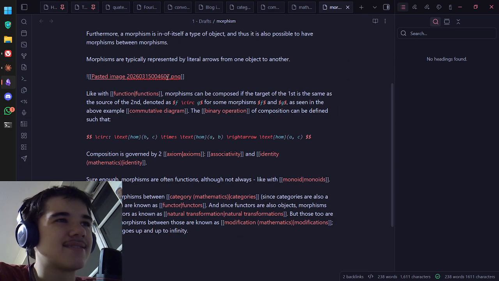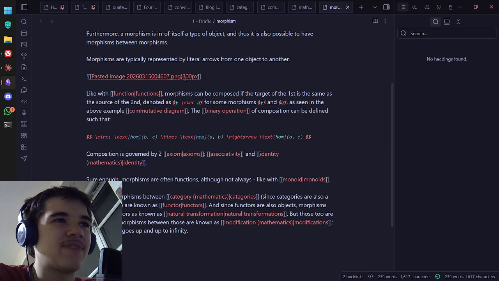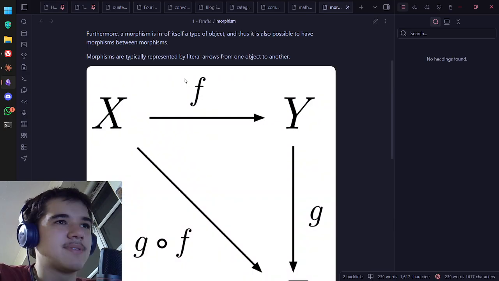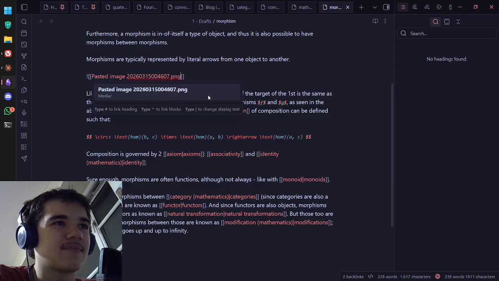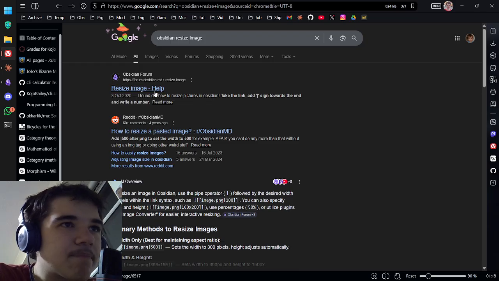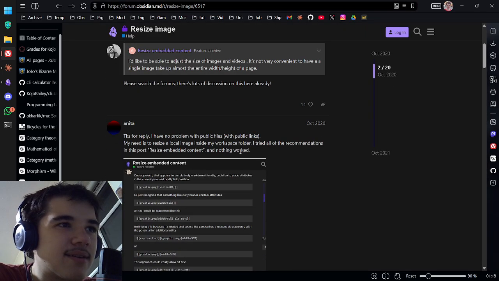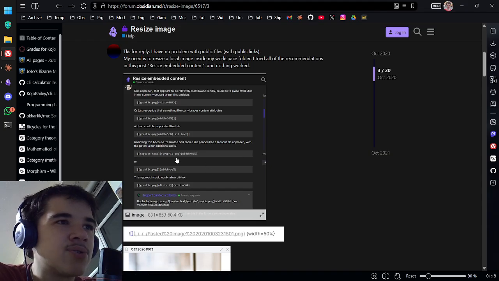Can I resize this? Is that a thing I can do? Why is it so big? Side quest, Obsidian, resize image. It's not like wiki, is it? I need to do this.